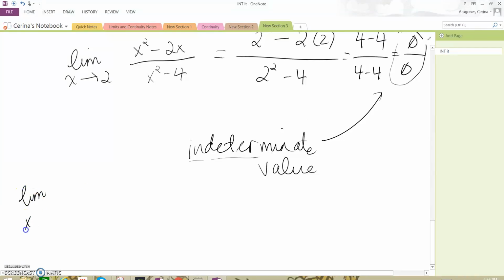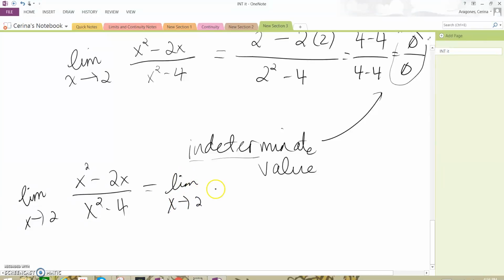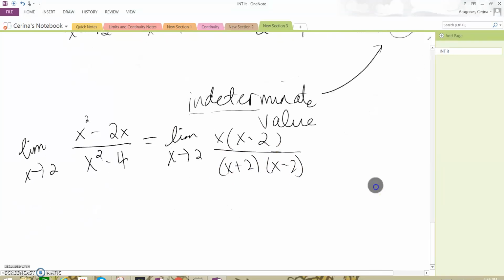So the limit as x approaches 2 of x squared minus 2x over x squared minus 4 is equal to the limit as x approaches 2 of x times x minus 2 over x plus 2 times x minus 2. So all I did was factor, okay?